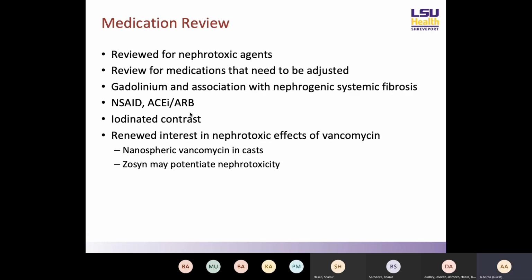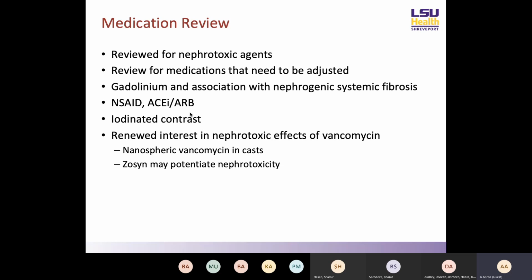So medication review is really critical and an important part of the workup of AKI. And it's twofold. One is you're looking for medications that may have caused the AKI or contributed. And then the other reason we review the medication list is, now that the patient has the AKI, are we dosing medications correctly?